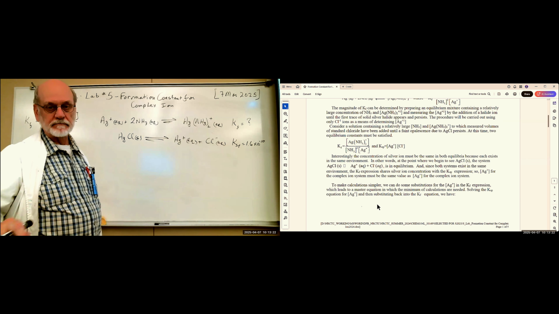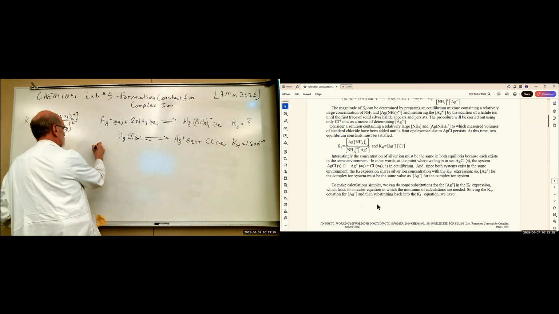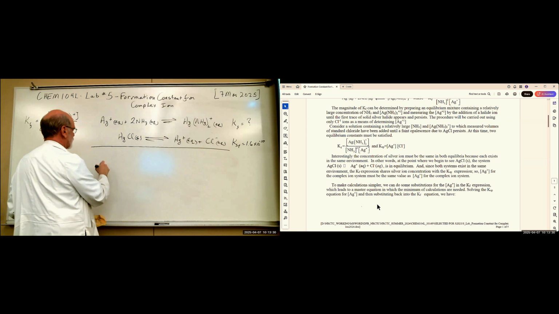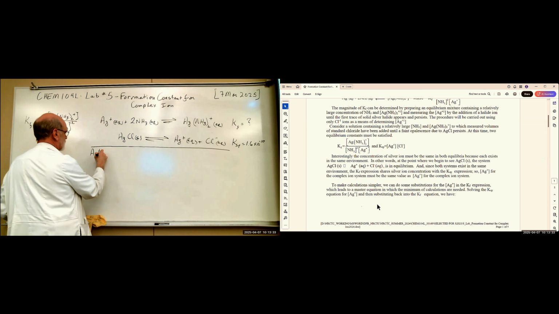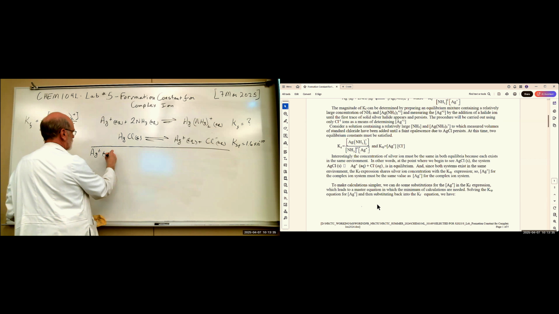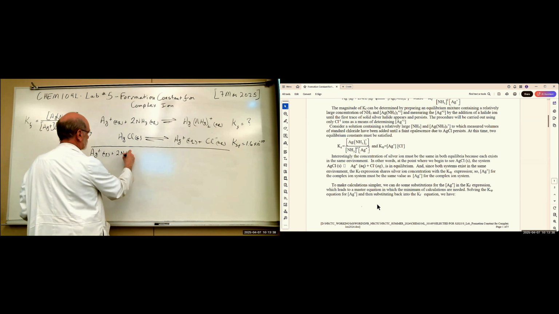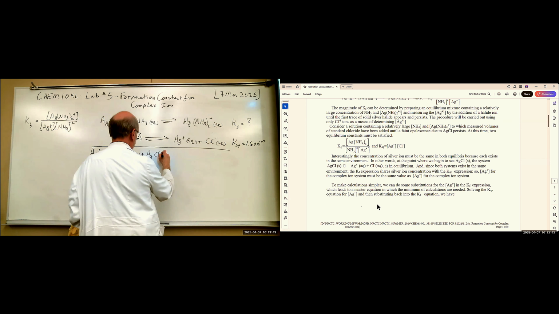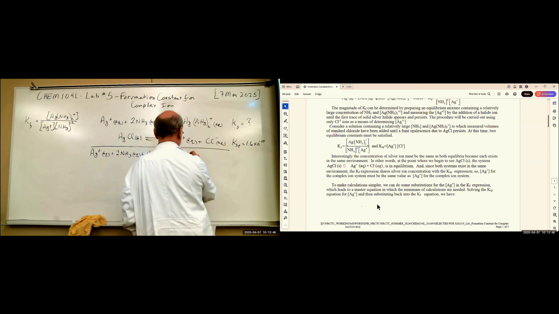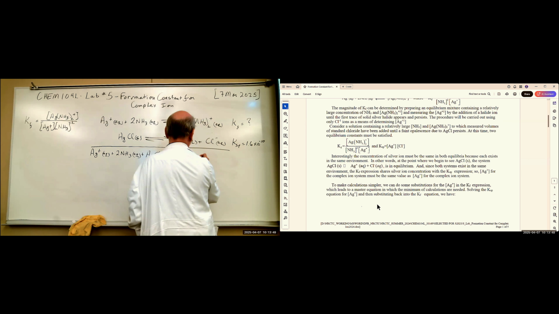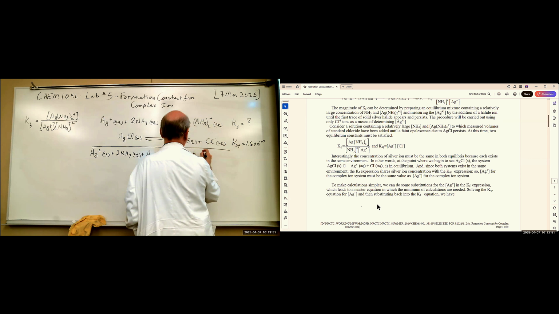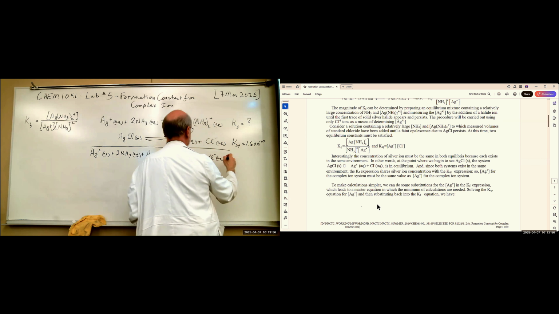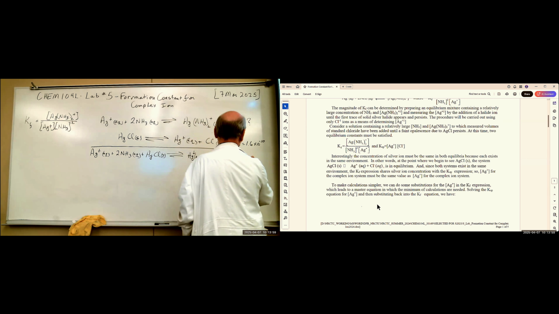All right. And if we do that, let's go ahead and do that. What do we get? I'm going to write the whole thing out first, and then we'll deal with the potential cancel terms. Chloride plus complex ion.